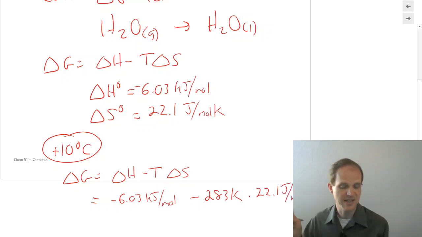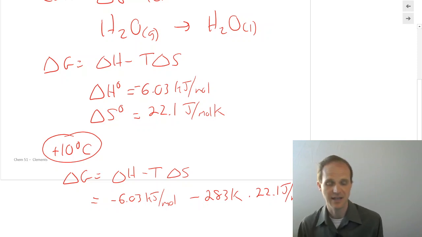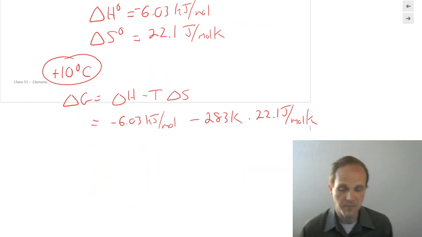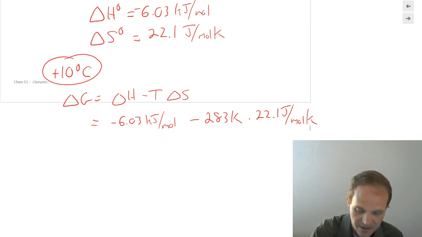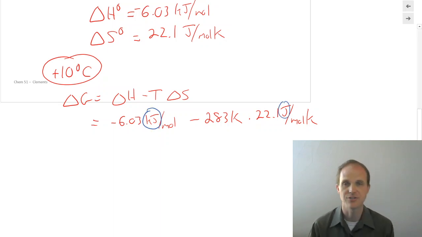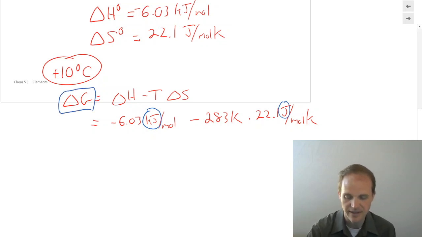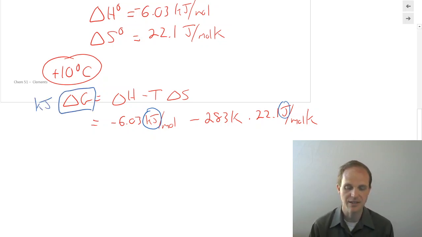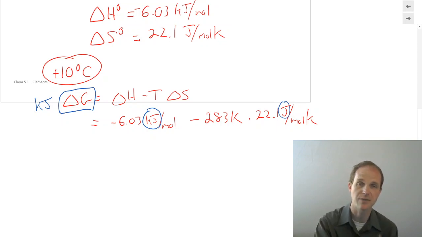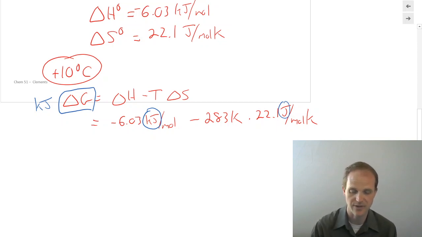Now, a very common mistake is to plug that in your calculator and go from there, but you'll have to notice something that's really important. Here I've got kilojoules, here I've got joules. Because they are generally measured in slightly different units, we do have to convert between them. Since we're calculating a delta G here, that is generally reported in kilojoules, so I'm going to convert my joules to kilojoules rather than the other way.